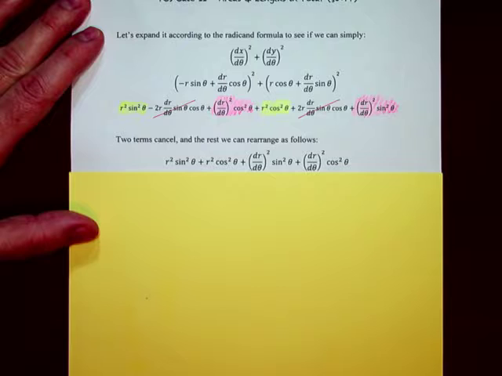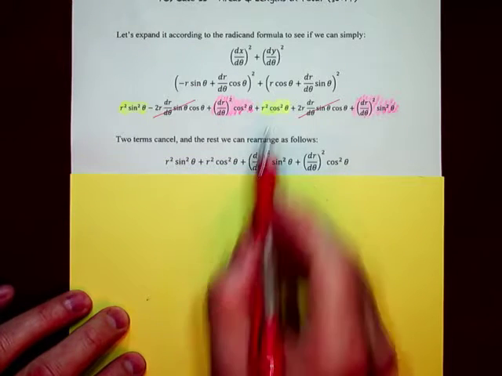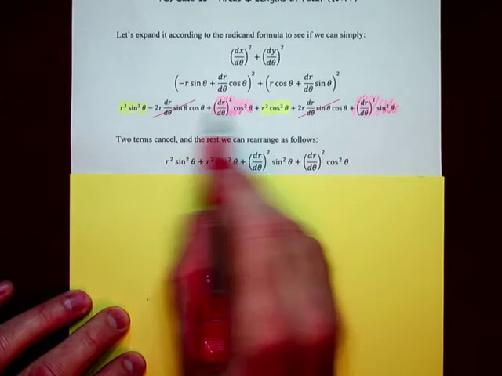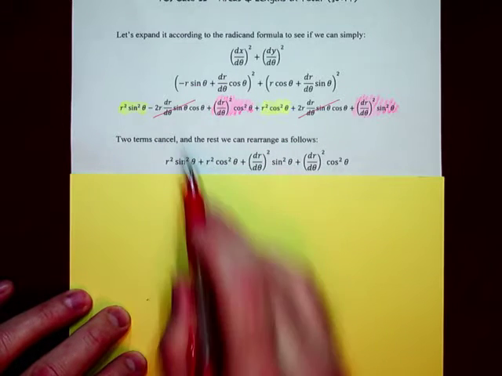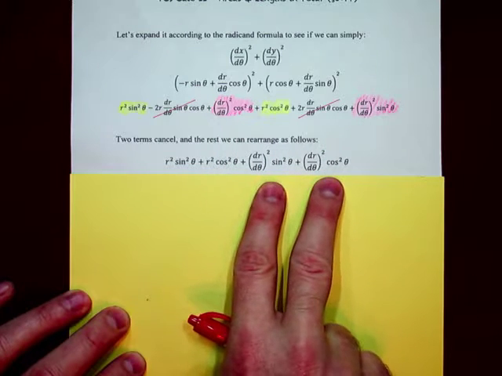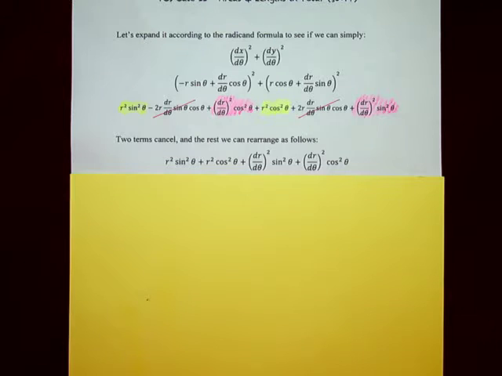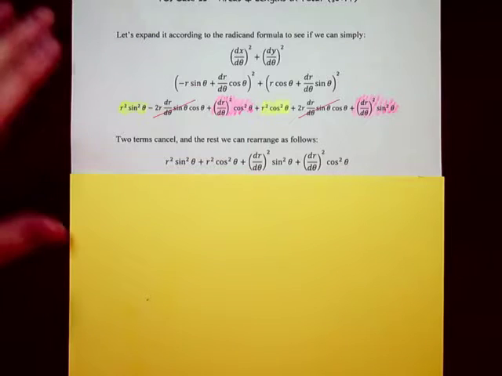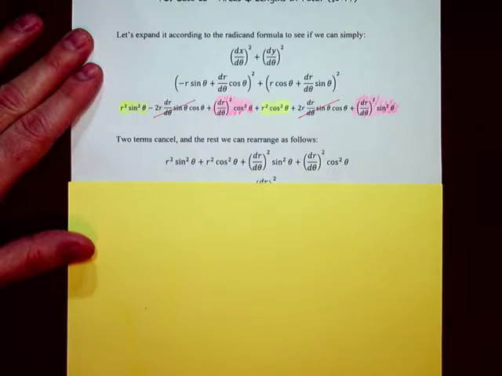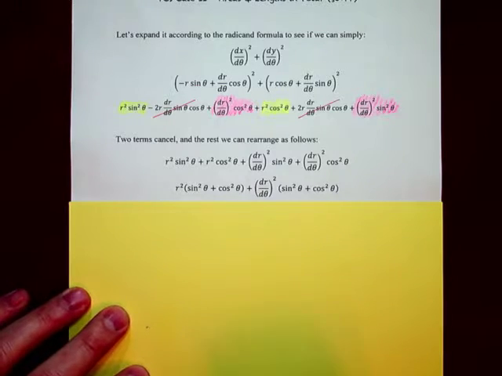So let's take what's left and reorder it. Okay, I basically took this r squared cosine squared theta and put it next to the r squared sine squared theta, and those are my first 2 terms, and then these 2 came here. Now, I swapped the order because we're used to seeing the Pythagorean identity as sine squared plus cosine squared. But addition is commutative, it's just as true the other way. I was just doing it for aesthetic reasons. Now, we basically factor by grouping, okay?